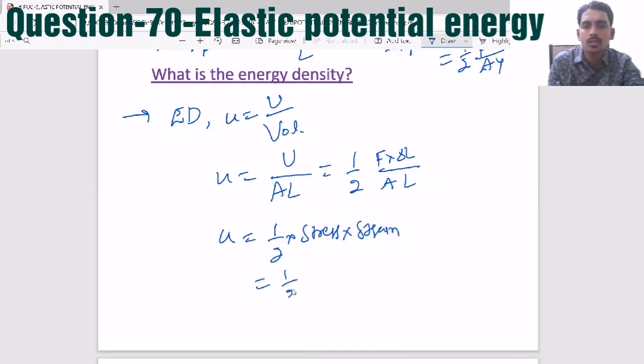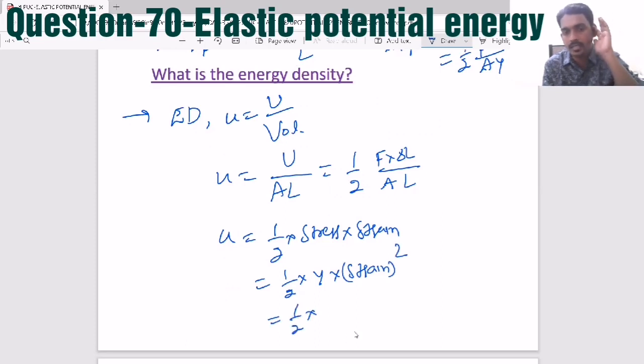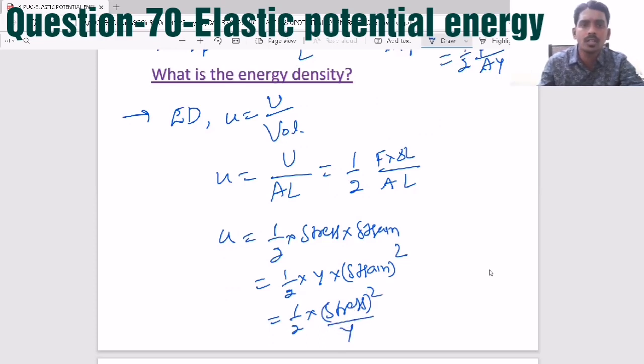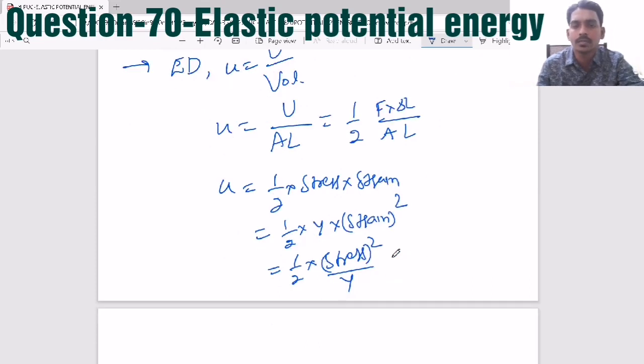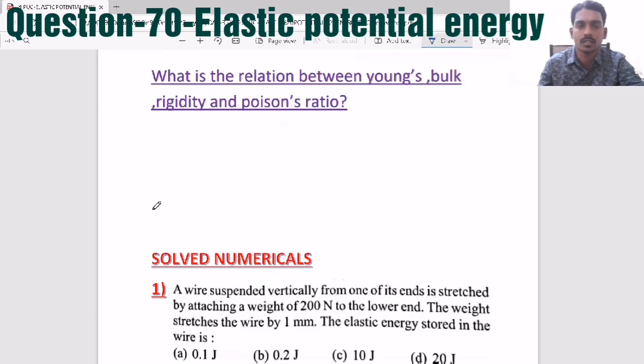And this is also equal to half into stress into strain. I can write it as half Y into strain whole square. Or else strain I can write as stress by Y, so half stress whole square by Y. So this is what the energy density. So please just try to remember the formula, then you can solve the question.